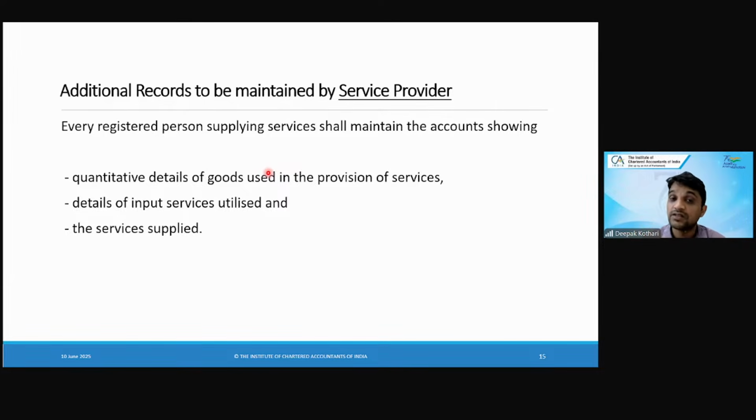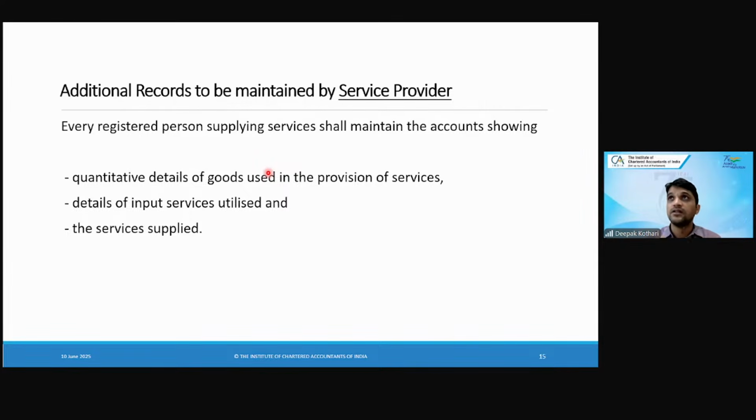So for a service provider also, we need to understand that goods are involved. A provider of service also will have usage of goods, so he will have to keep the quantitative details of the goods being used.